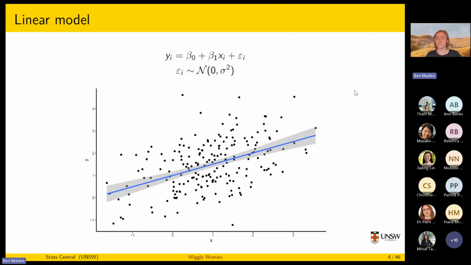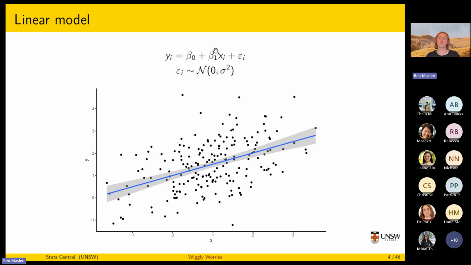Okay, so let's start off here with the basics of a linear model. We have this relationship that we're assuming to be linear, and we're trying to estimate this linear trend. The assumption is in this equation here, the equation of a straight line with some error terms. So we have y_i equal to beta naught plus beta 1 x_i plus this error term, the residuals.